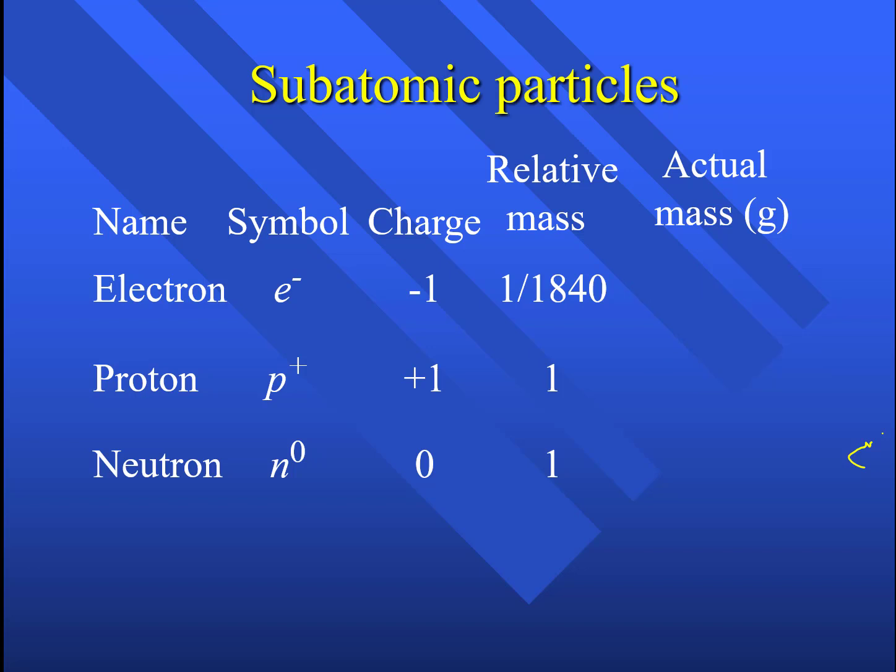Sorry, if the electron's 1, then the proton would be 1840, and the neutron would be 1840. Relative just means pick one of them to be 1 and tell me how big the other ones would be. So electrons are little. If they're 1, there's a lot for protons. Or if the proton is 1, then you're going to have a tiny fraction of 1 for an electron. So relative mass just means compared to each other. So I've got 2 that are the same weight and 1 that's really light.